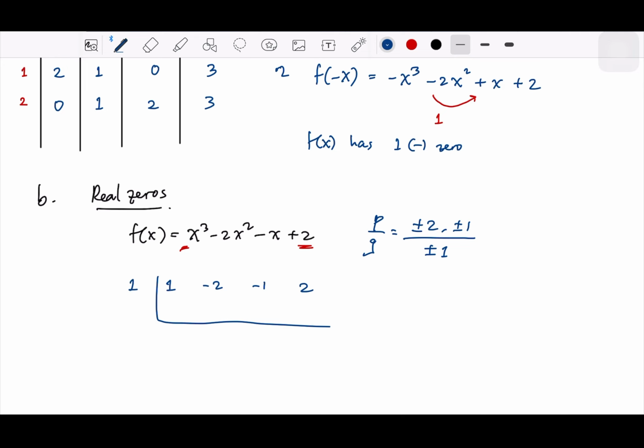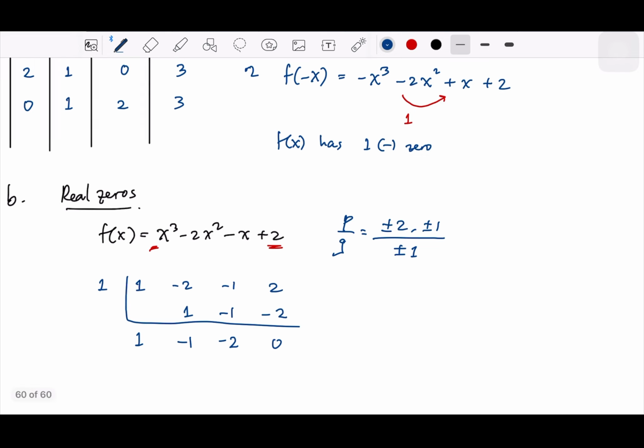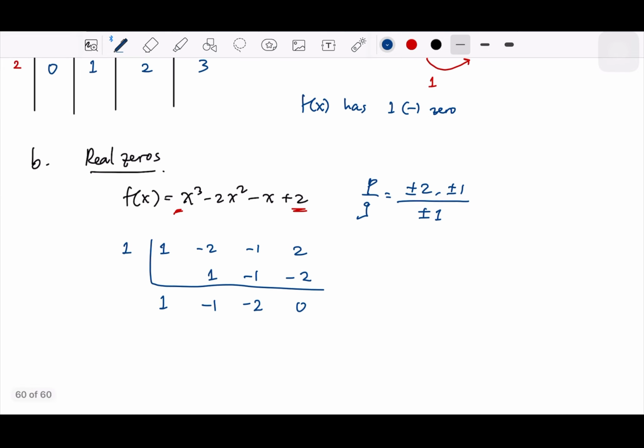We could take 1. We have zeros. Okay, we could take another one, or we could take from here. So we will have x minus 1, x squared minus x minus 2.